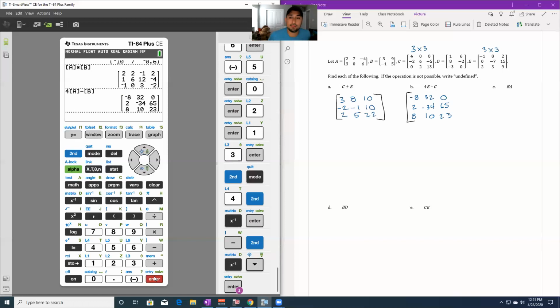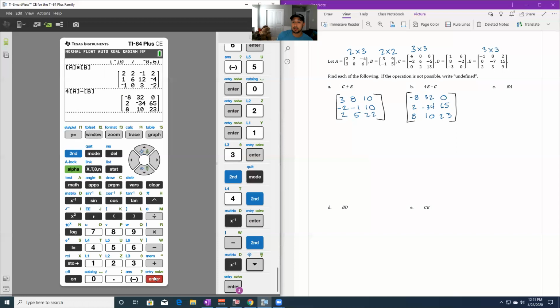All right, perfect. Okay, next is B times A. So A is a 2-row by 3-column matrix, and B is a 2-row by 2-column. Okay, so the first thing we want to check is dimensions.